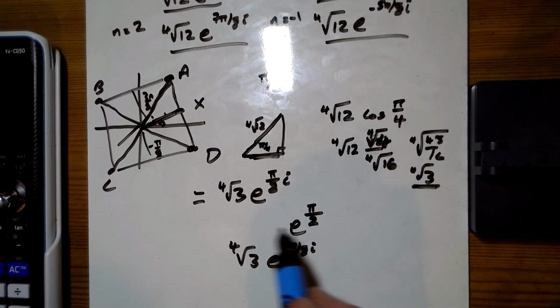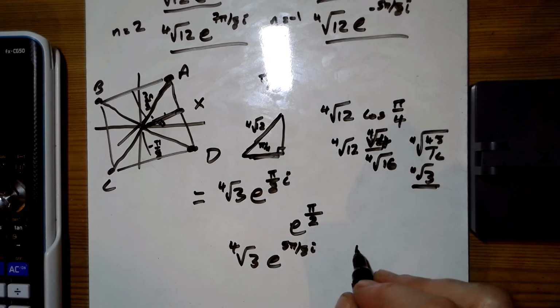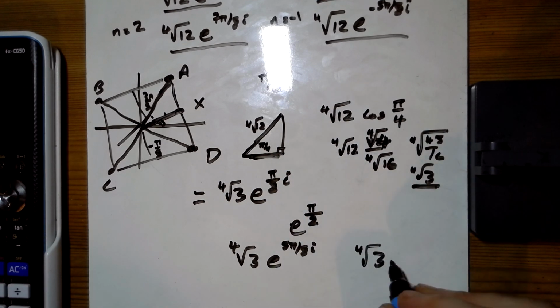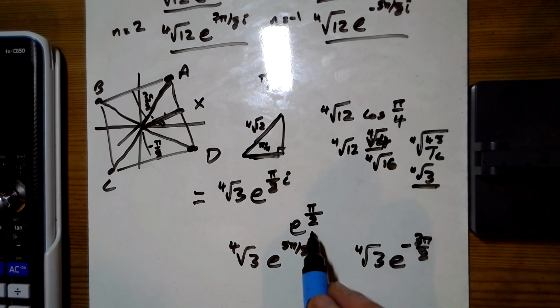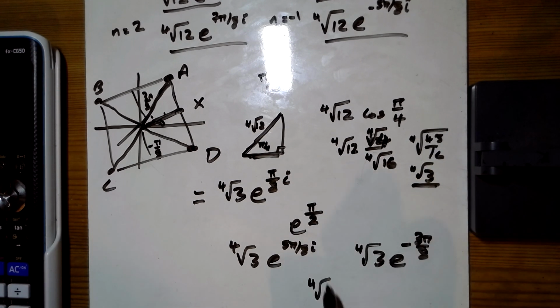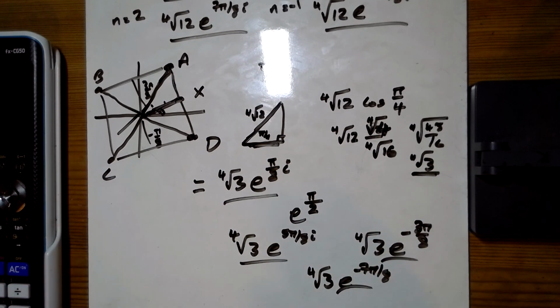That's that one. The next one there is going to be too big, isn't it? So we'll have to take it away that time. So that would be minus 3 pi over 8, and take another half pi as well. The fourth root of 3 e to the minus 7 pi over 8i. I think they are my 4 new ones there.